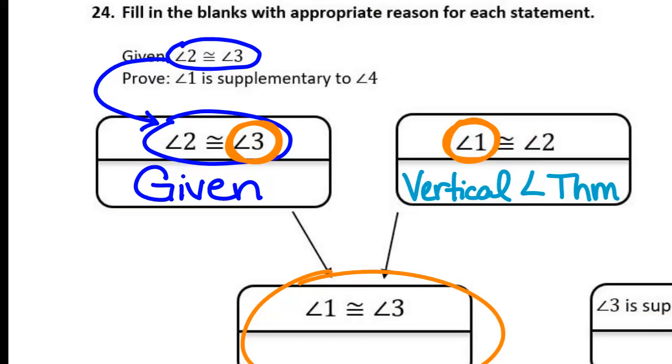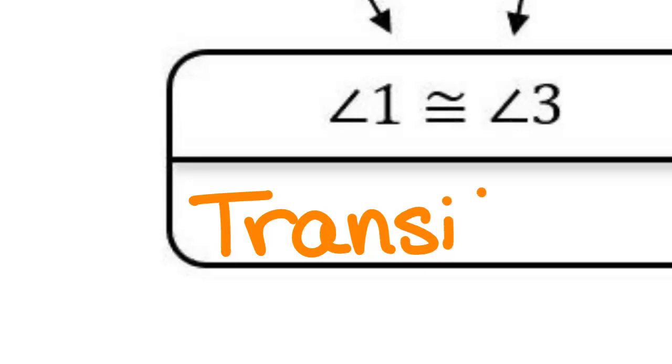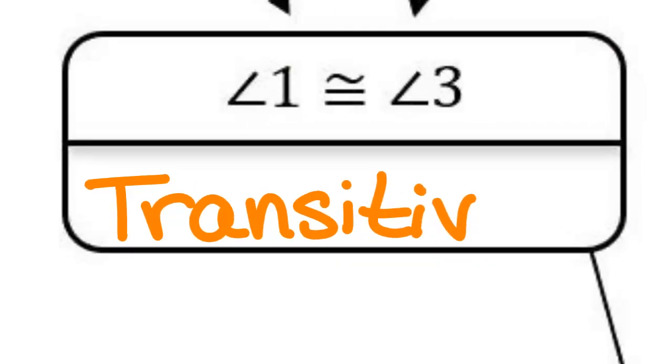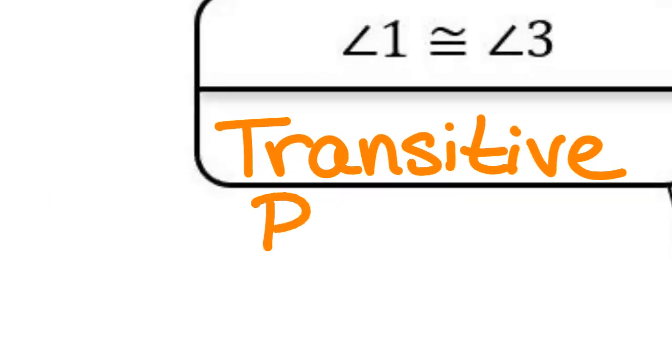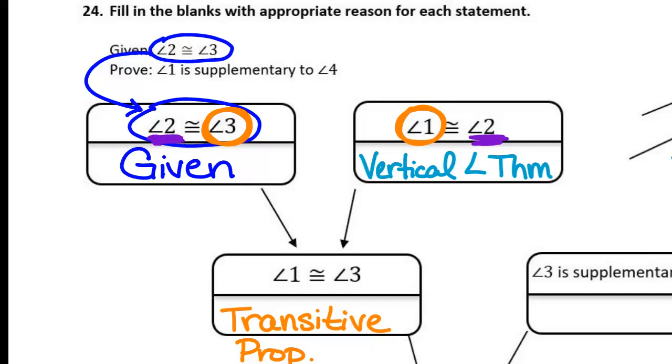So I have two objects, two angles, that are both congruent to the same thing. That is my transitive property. You could use substitution there, but technically speaking, what we've got is the transitive property. I would accept either one as correct, though. So the transitive property, do you see how I have angle 2 right here, and I have angle 2 right here?